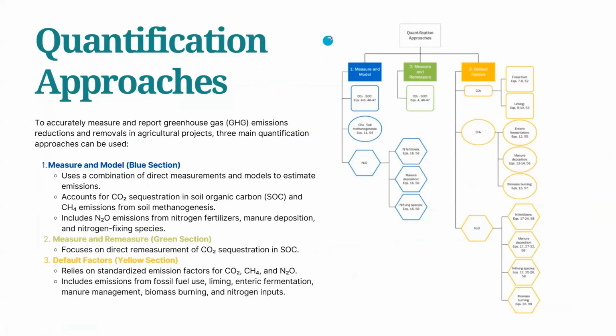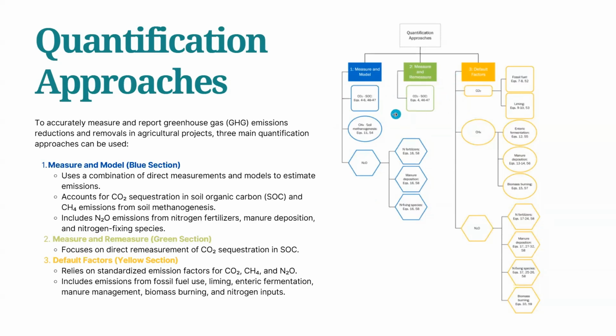So here, this is an image that is sourced from the VM0042 version 2.1 PDF, and Verra has gone ahead and outlined the different quantification approaches, the equations that are used for specific activities, and GHGs that we're trying to quantify. So we have approach 1, which is measure and model, approach 2, measure and remeasure, and approach 3, which is default factors.